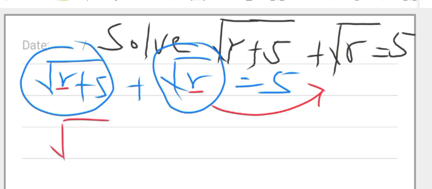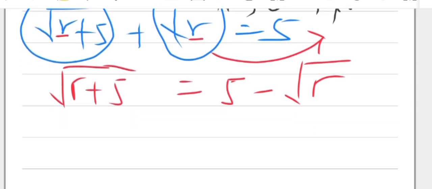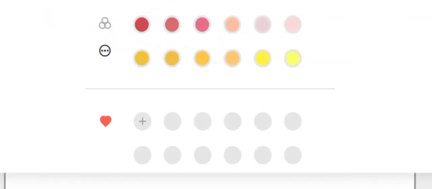Preferably, you move the second one. So the first one is maintained at the left hand side, and the second radical moves to the right hand side. Remember, we add the additive inverse, so it becomes negative root r. Now, to resolve it, we want to remove the radical, which here is the square root.